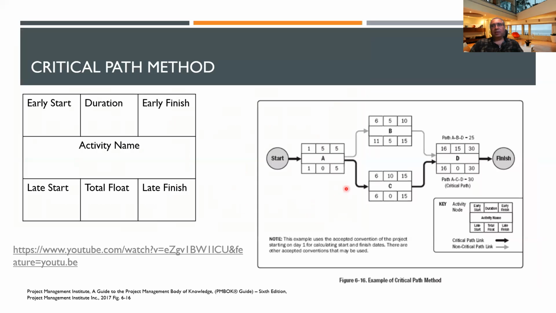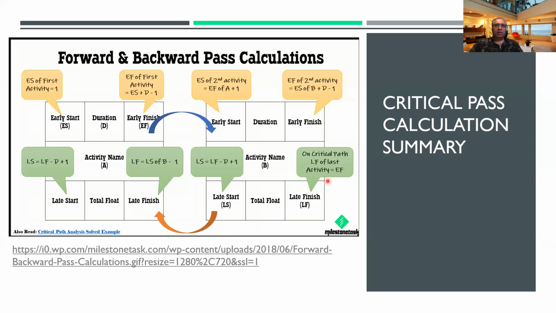Okay, so let's take a look here. So 30 minus 15 will give you 15, plus 1 will give you 16. Clear? You have to do 30 minus 15 plus 1, which gives you 16. That is what we're saying here: late finish minus the duration plus 1.